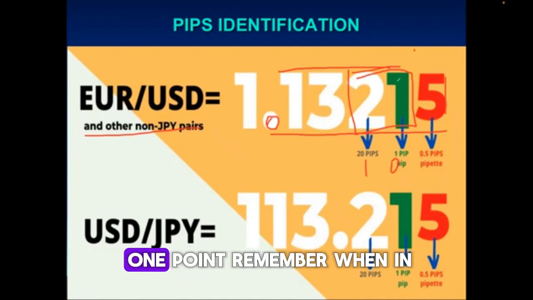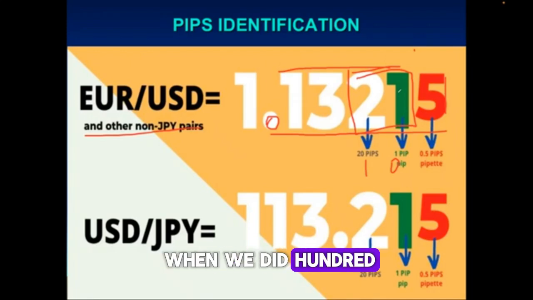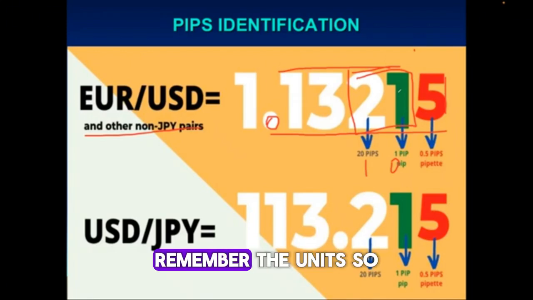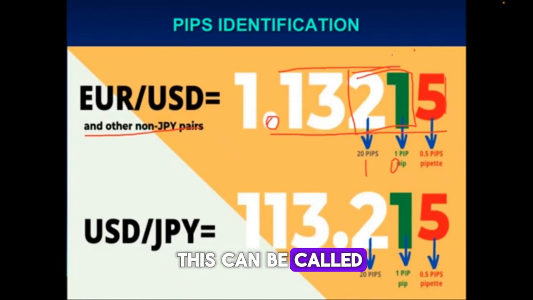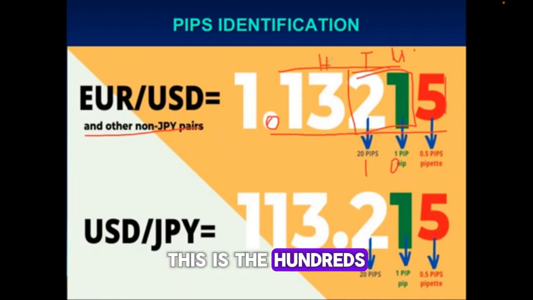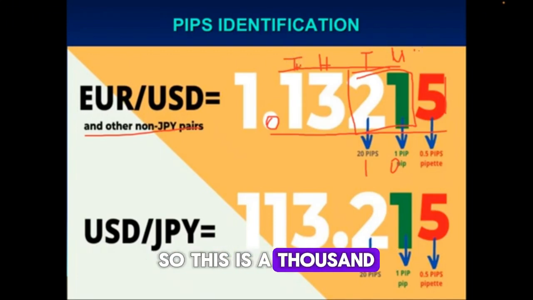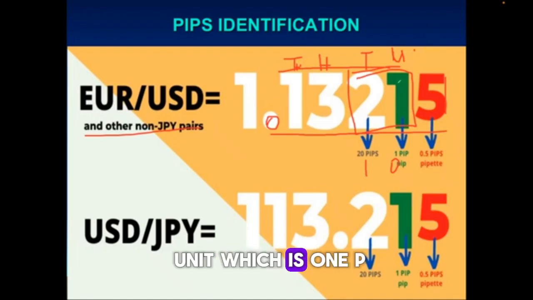Remember way back in school, when we did hundreds, tens, and units. This can be called the unit, this is the tens, this is the hundreds, and this is the thousands. I think that will make you get that. So this is 1 unit, which is 1 pip. If it goes higher, we can have up to 10 pips.